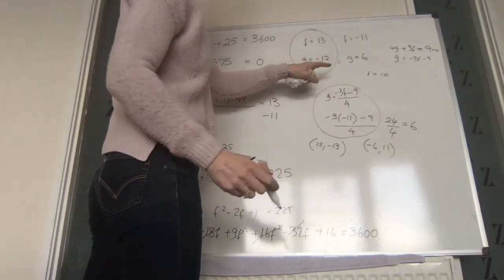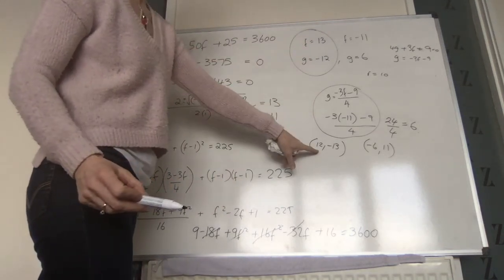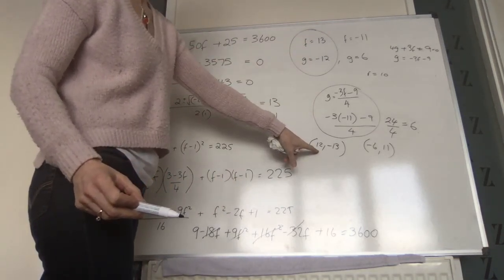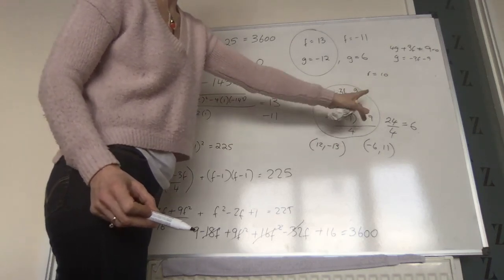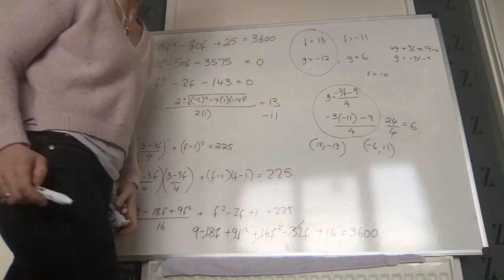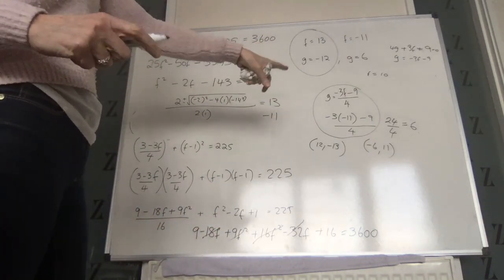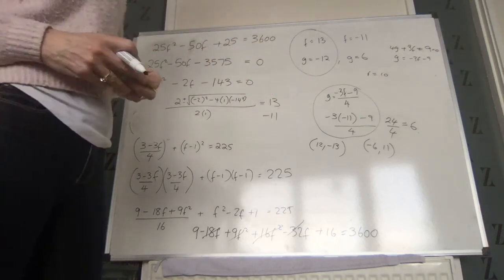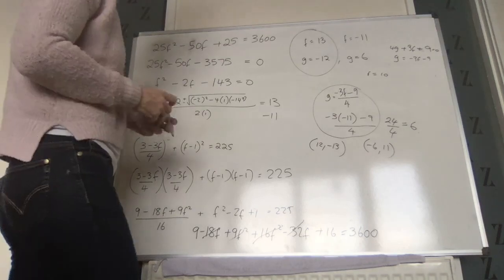So the equations are going to be x minus 12 squared plus y plus 13 squared is equal to 100, and x plus 6 squared plus y minus 11 squared is equal to 100 is the other one. Okay, so that should be straightforward.